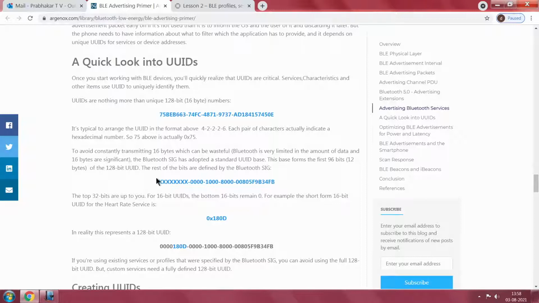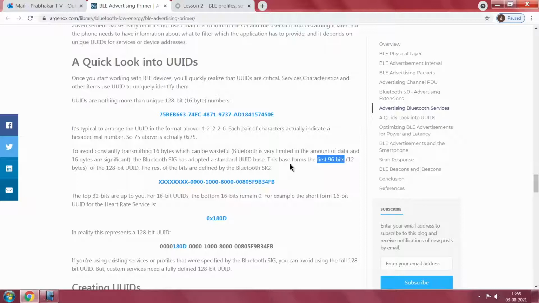But the point is that if you want to constantly avoid transmitting the 16 bytes, which can be wasteful, the Bluetooth SIG has adopted a standard UUID base, okay. There is one database in which all these UUIDs are entered. This base forms the first 96 bits, you do not have to transmit all of them, the base of the first 96 bits are already out there, okay.